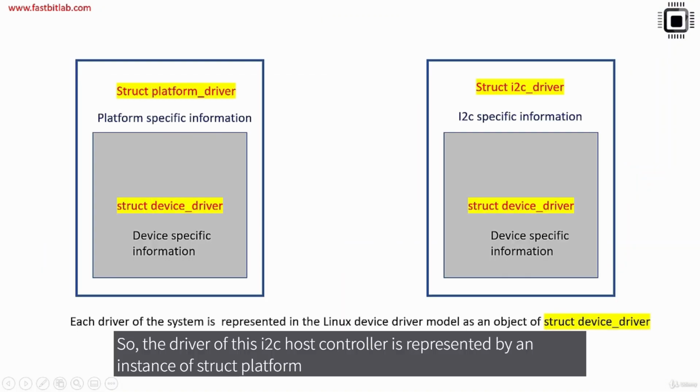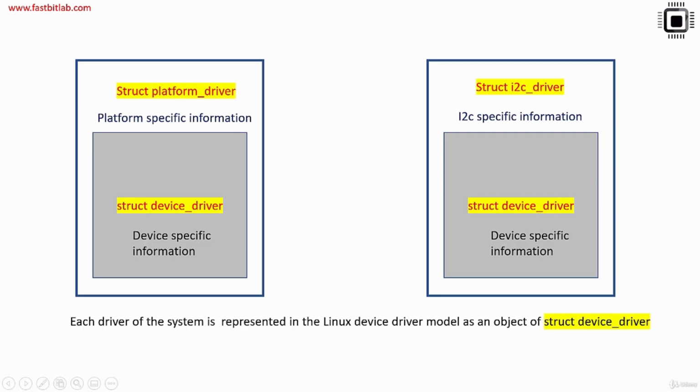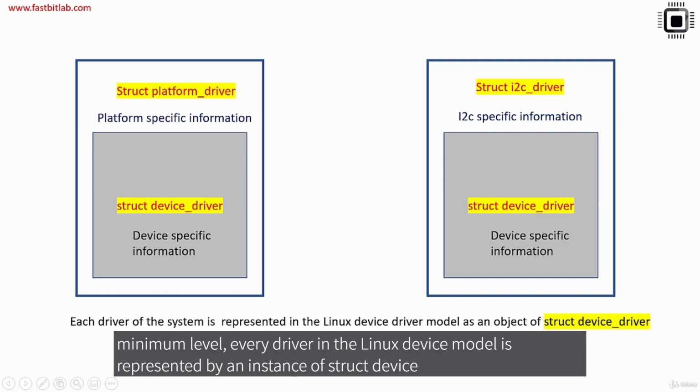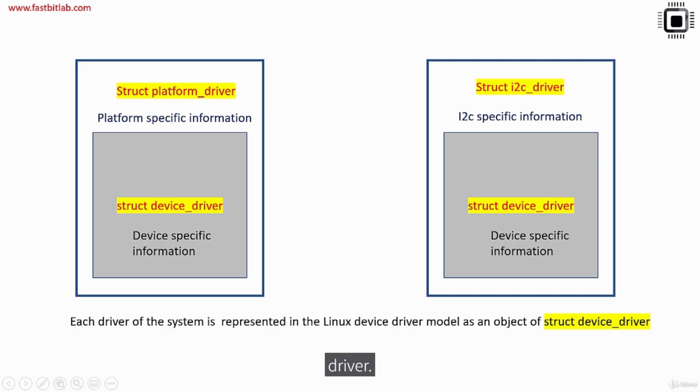The driver of the I2C host controller is represented by an instance of struct platform_driver, and the driver of the RTC device is represented by an instance of struct i2c_driver. And you see here both of these structures embed struct device_driver, because at the bare minimal level, every driver in the Linux device model is represented by an instance of struct device_driver.